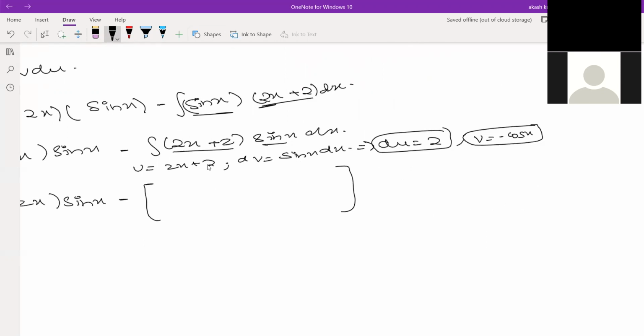So again, substituting into the integration by parts formula, it becomes v and u, which is 2x plus 2, minus the integral of v du, which is 2.